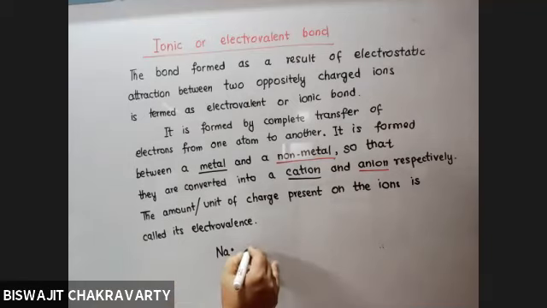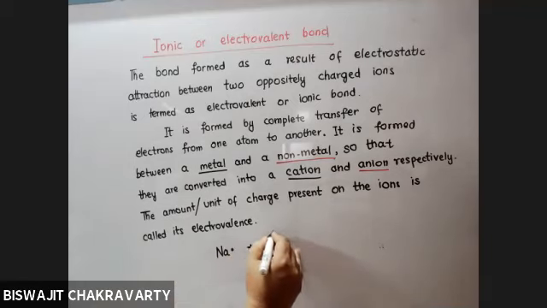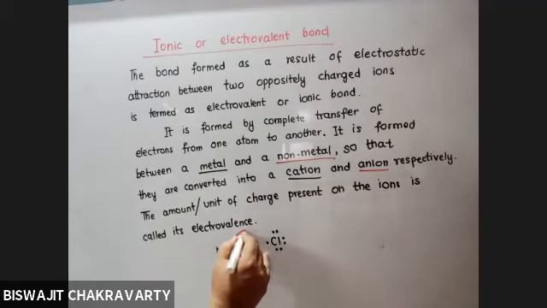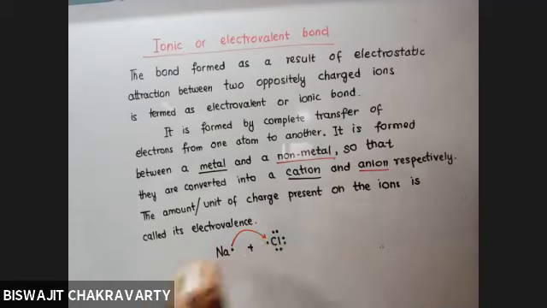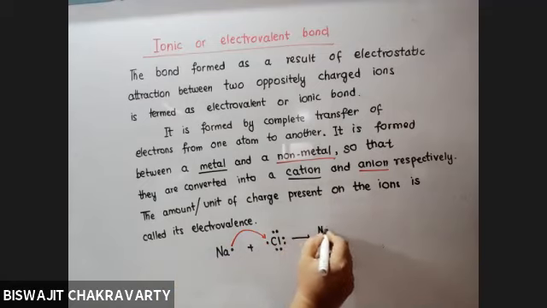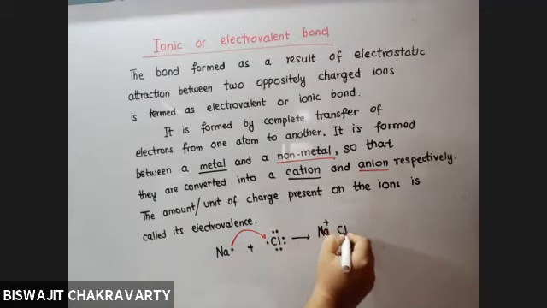Same way, chlorine is 2, 8, 7. So we are going to show 7 electrons. Now, sodium will completely transfer its outermost shell electron to chlorine. And by doing so, sodium will develop a positive charge, and chlorine, after accepting one electron, will develop a negative charge.